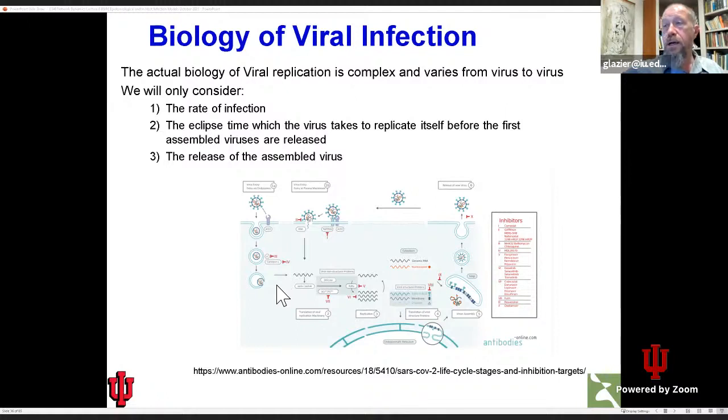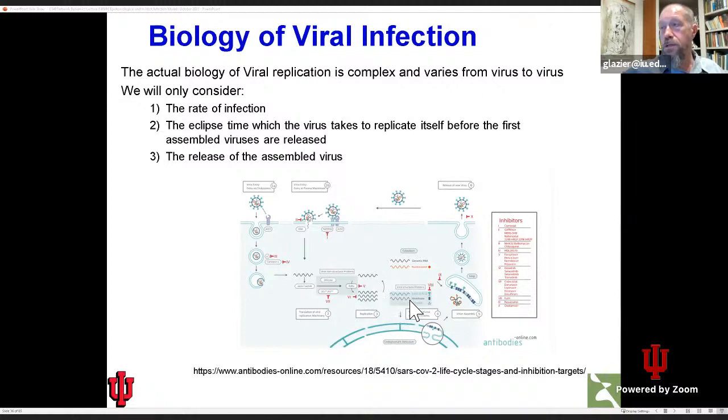of the cell. That RNA, in this case, for the virus, is then copied by an RNA-dependent RNA polymerase, which makes multiple copies of the RNA. Some of those RNAs are then cut into pieces, given to ribosomes, which transfer the genomic information of the virus into proteins.